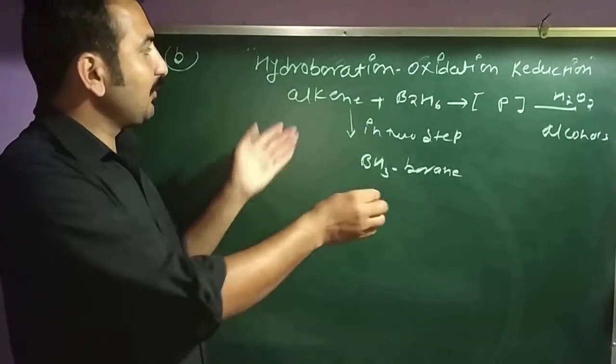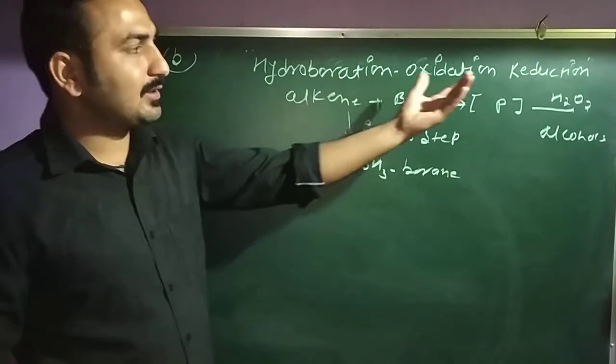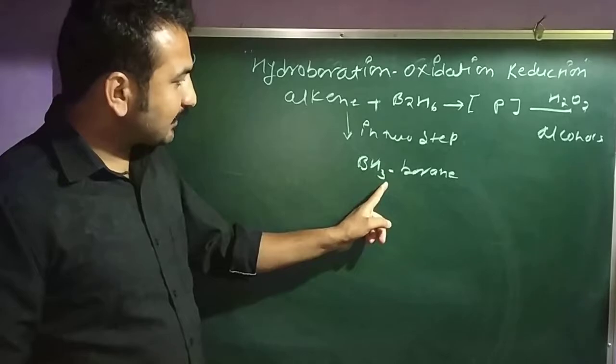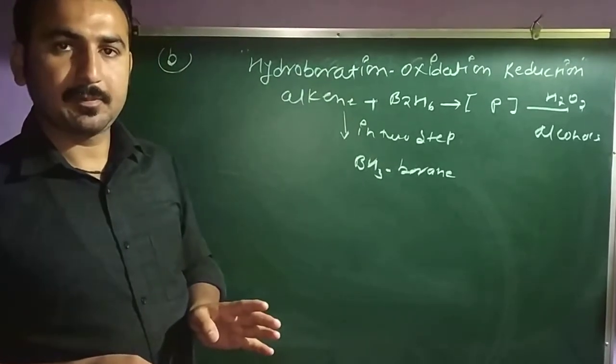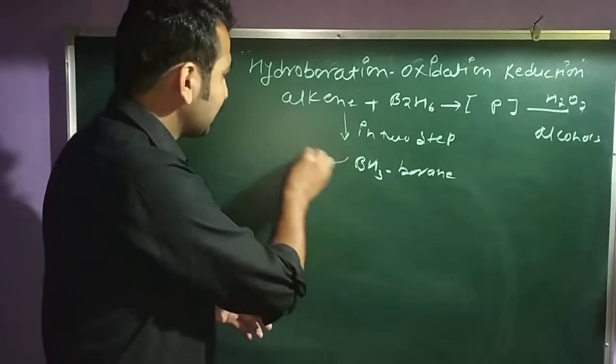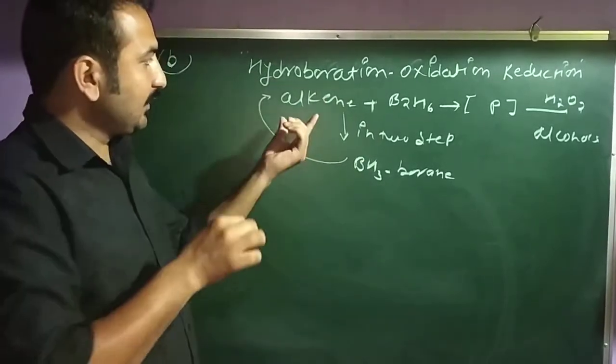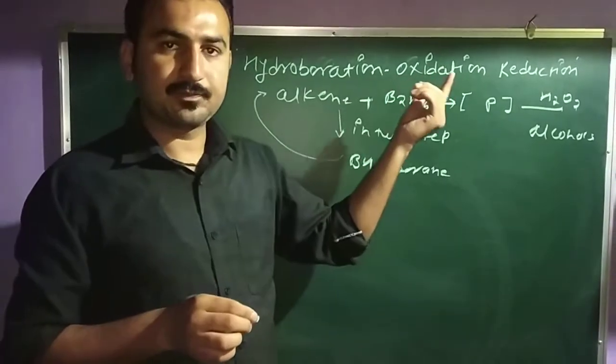So this is overall your hydroboration oxidation reaction. The addition of BH3 to alkene is called hydroboration.